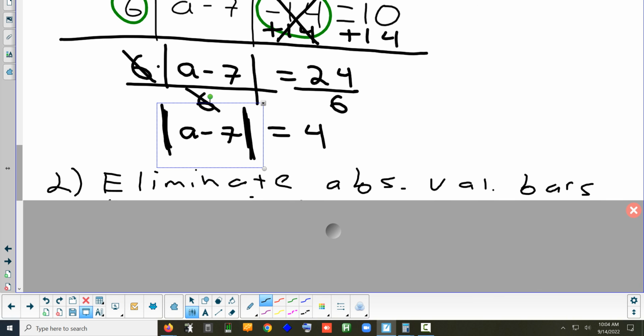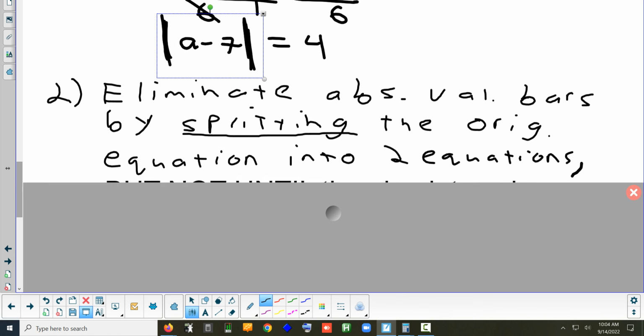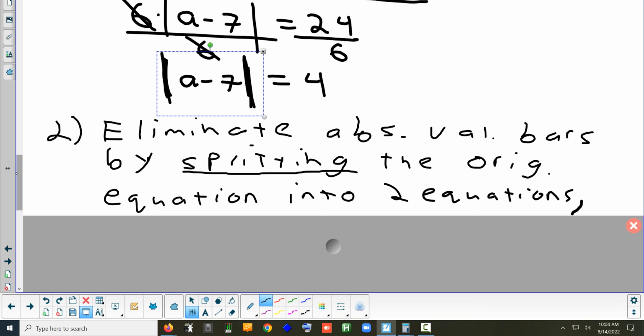We've never seen those bars in an equation before. So this is how you get rid of them. So under 2, where it says eliminate, you want to copy the part after eliminate. So eliminate the absolute value bars by splitting the original problem into 2 problems.